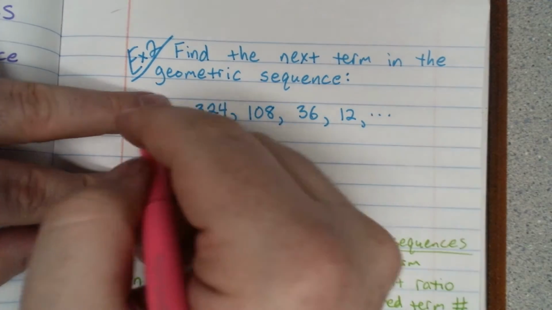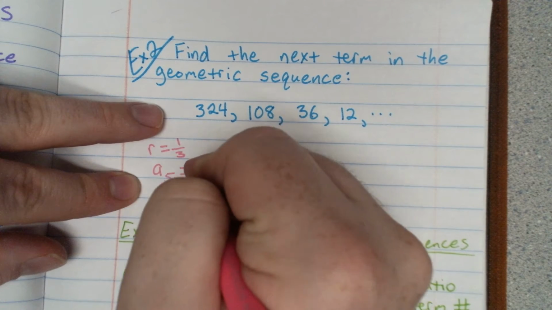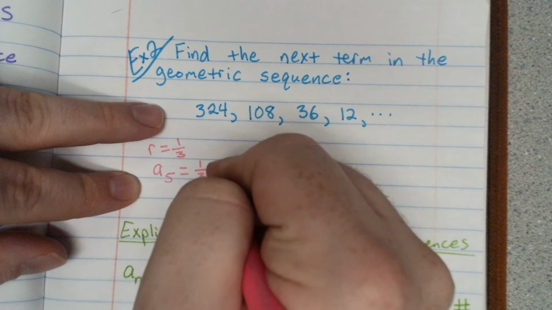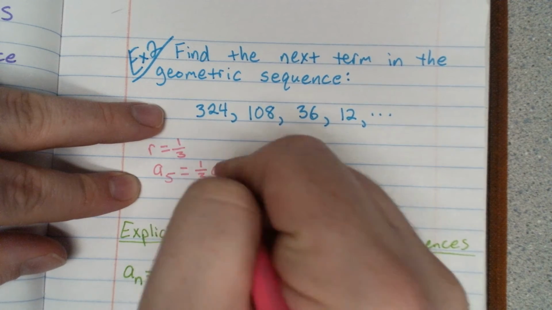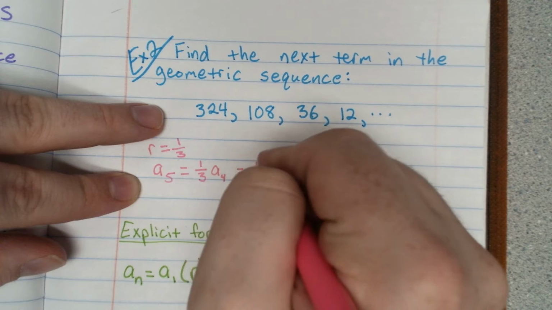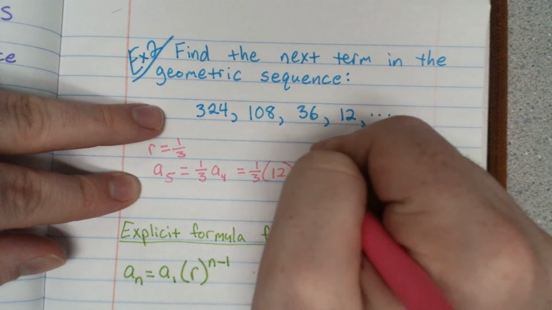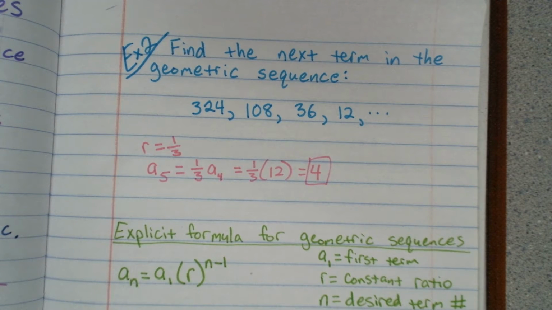We've already got 4 terms, so I want the 5th term in the sequence. It is going to be 1/3 of the 4th term, which is 1/3 of 12, and I know that to be 4. So the next term in this sequence would be 4.